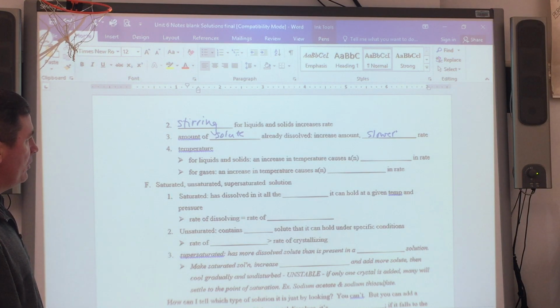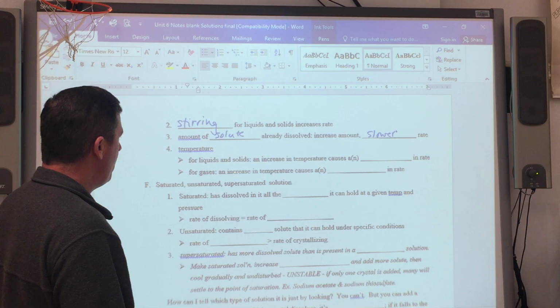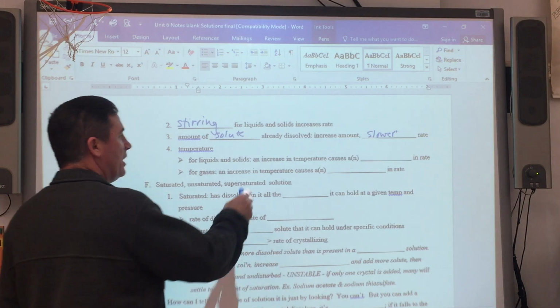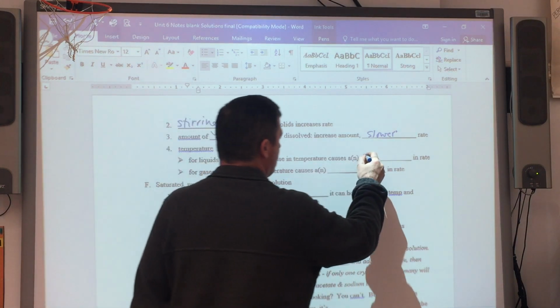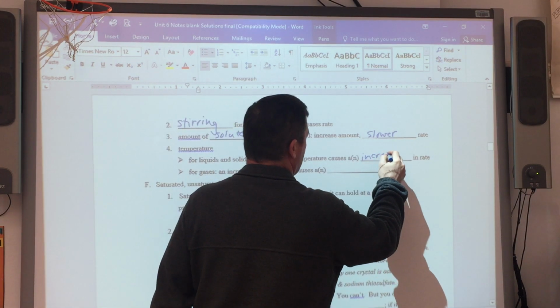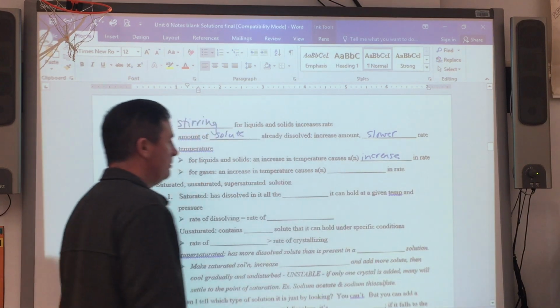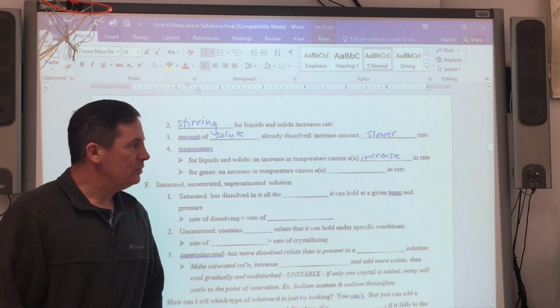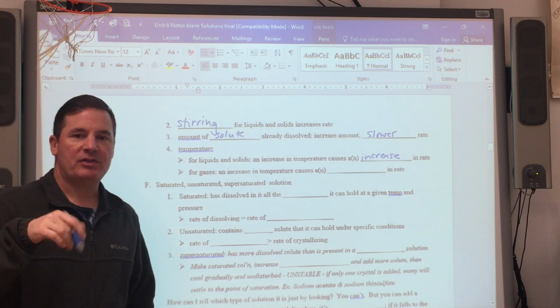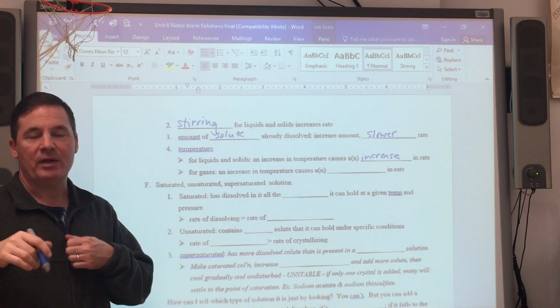And lastly, temperature. For liquids and solids, an increase in temperature causes an increase in the rate. You know that if you wanted to dissolve something quickly, you warm it up.